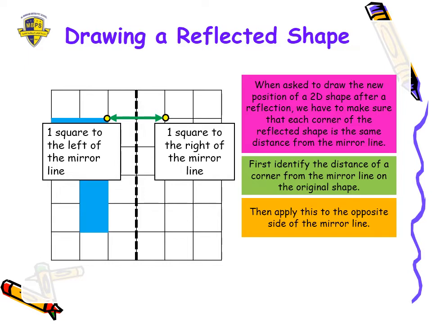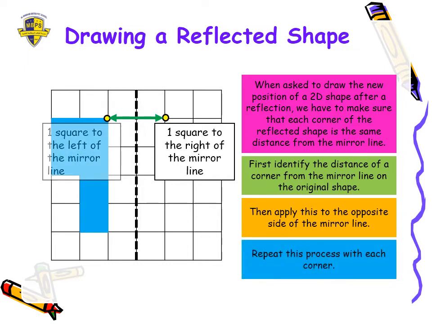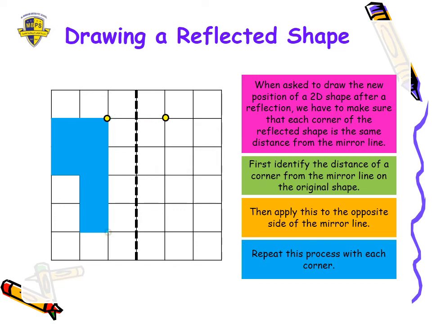Now we choose another corner. Let's choose this one. Also this is 1 square to the left, so on the other side, count 1 square and draw the new dot. This is the third dot now. This is 2 squares, and on the other side also count 2 squares and draw the dot.